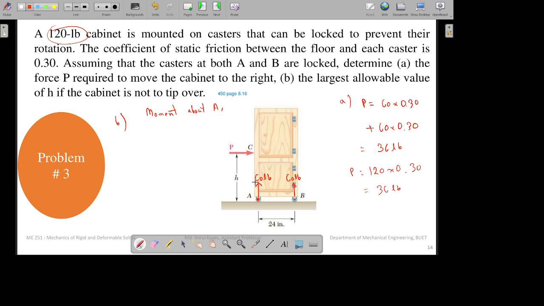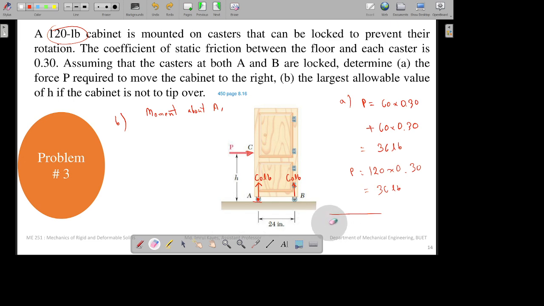So when it is about to tip over, you are applying some force over here and trying to tip it over, so the contact will be removed. As long as the contact is there, it will not tip over, but when it is about to tip over, the contact at A will be removed, right? It will be contactless at A because it is just going to tip over. The picture will now look like this. It's just going to tip over.